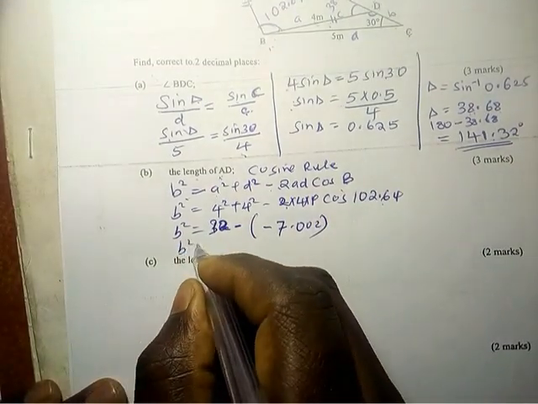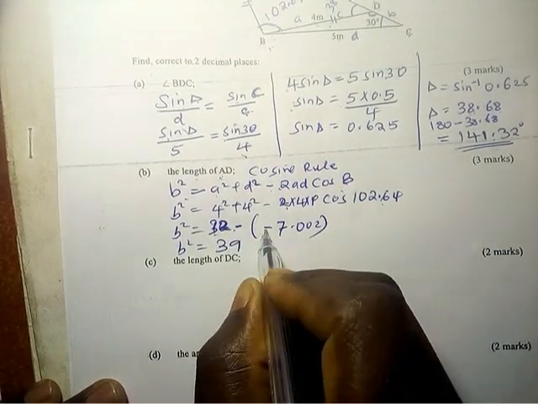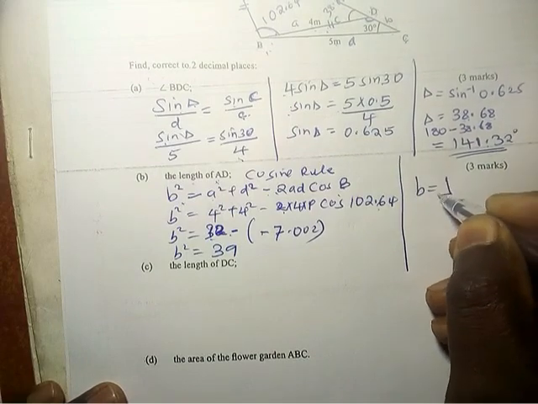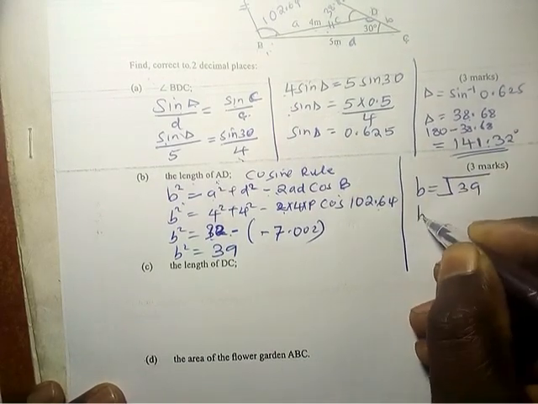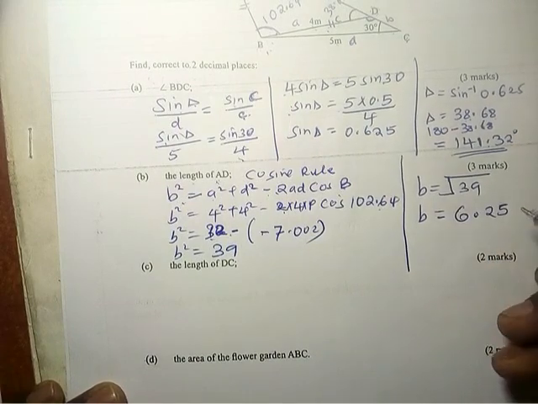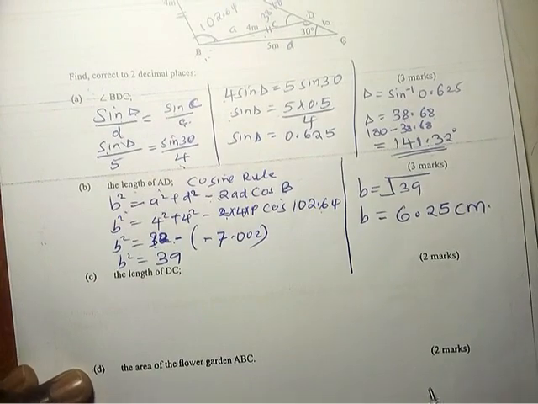So B square is equal to this plus this, going to be 39. Negative plus negative is equal to 39. So b equals the square root of that, and b is going to give us 6.25 to 2 decimal places.